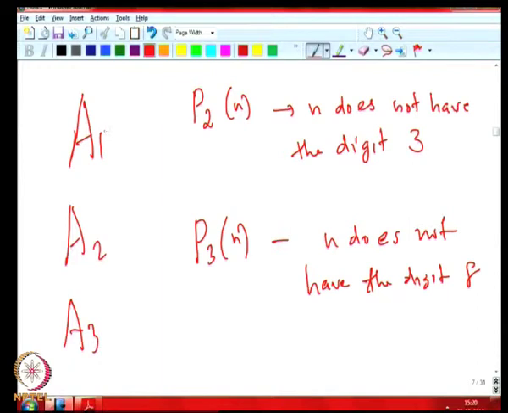A1 is the set of numbers which has property P1, from the universe 0 to 99,999. Similarly, A3 will be the set of numbers from that universe having property P3, namely the numbers which do not have the digit 8.